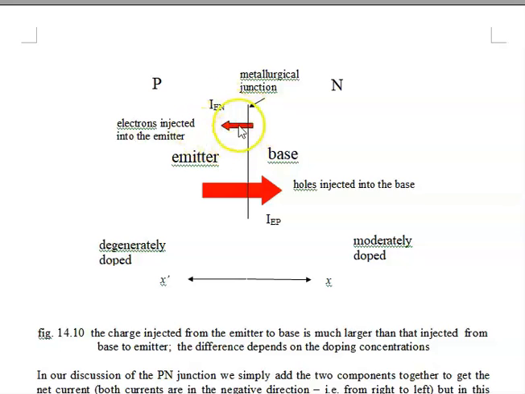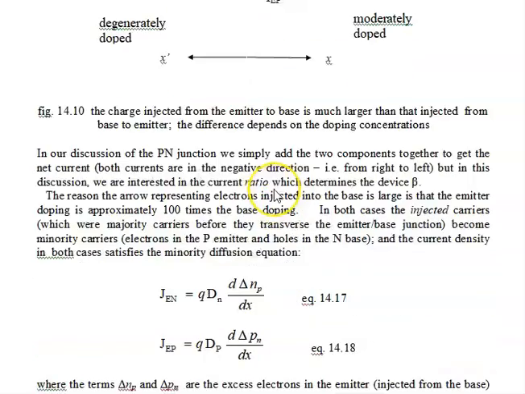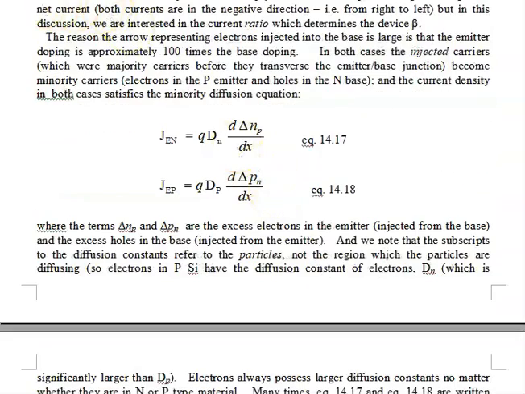But this is essential. It's always there, and it better be there because otherwise we have no control. We just want to make the ratio as large as possible. Okay, so we just repeat these two current densities. These are the big guys, the small one and the big one.